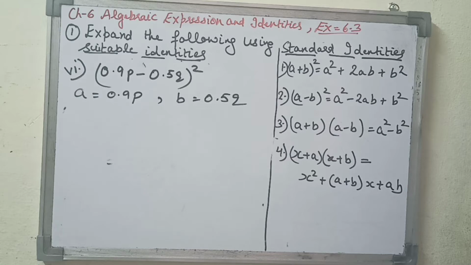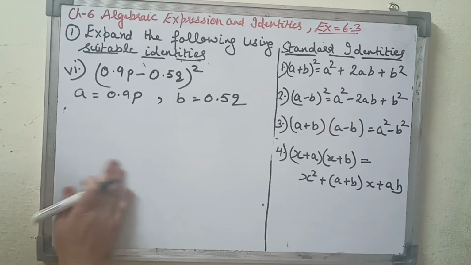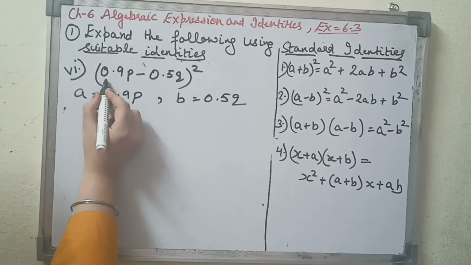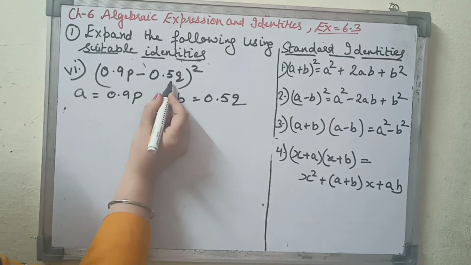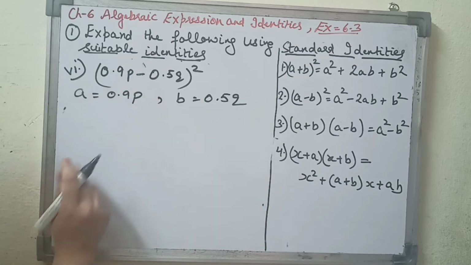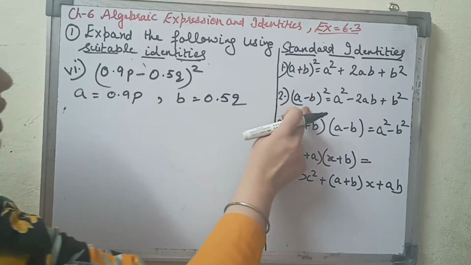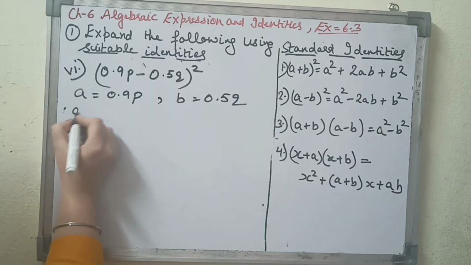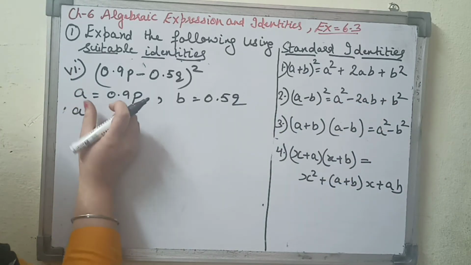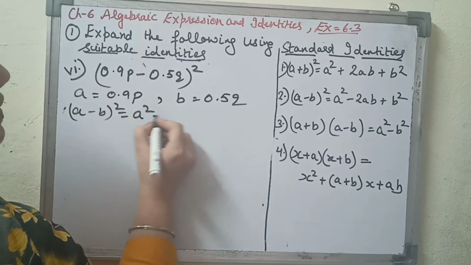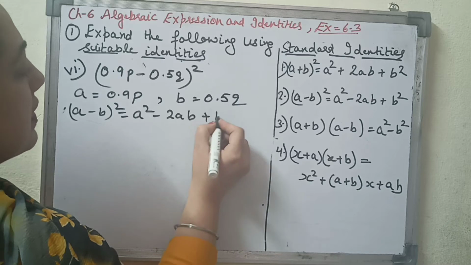Sixth part is (0.9p minus 0.5q) whole raised to power 2. Now let us take a as 0.9p and b as 0.5q. Now beta, there is a negative sign, so here we can use the second identity, that is (a minus b) whole square is equal to a square minus 2ab plus b square.